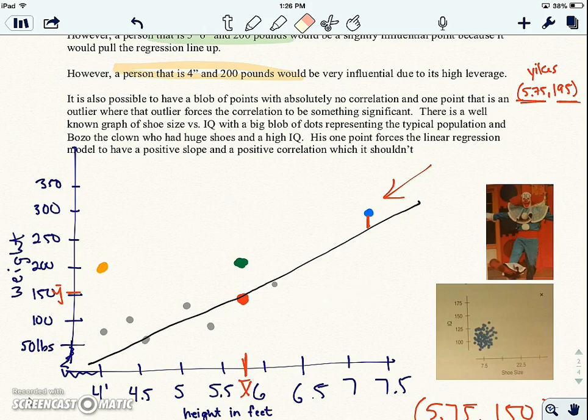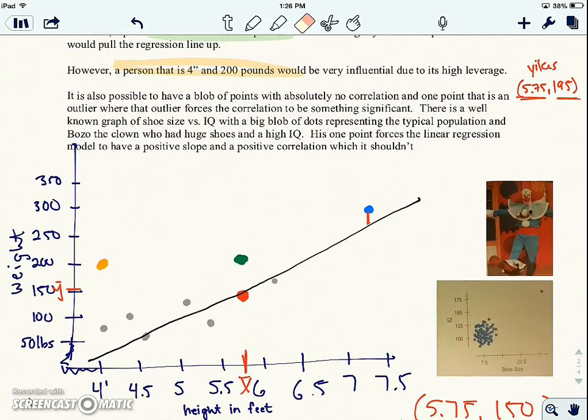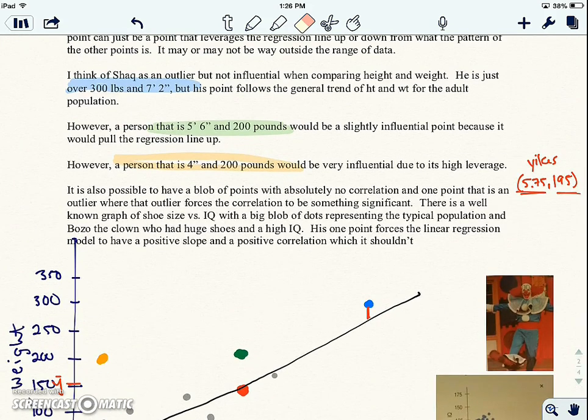So he's an outlier, okay, but not really. He's an outlier in X, but not really in Y. Okay, so I think of him as an outlier because he's far in X, but he is definitely not influential.